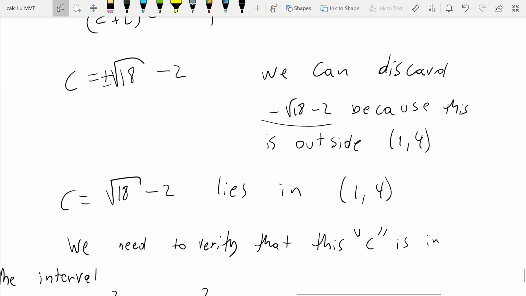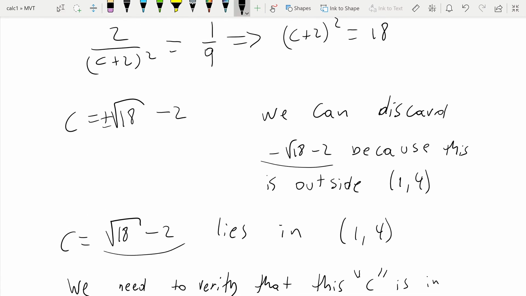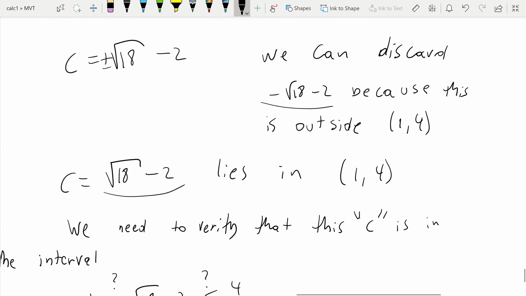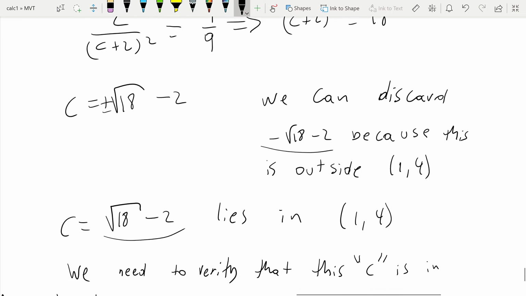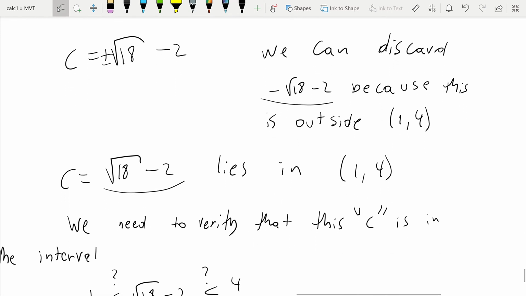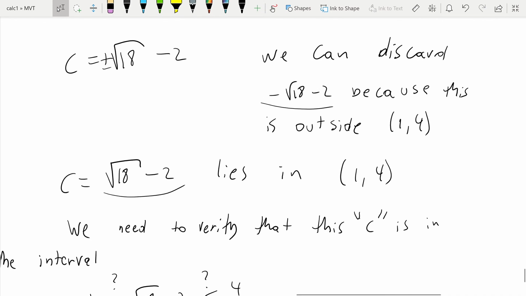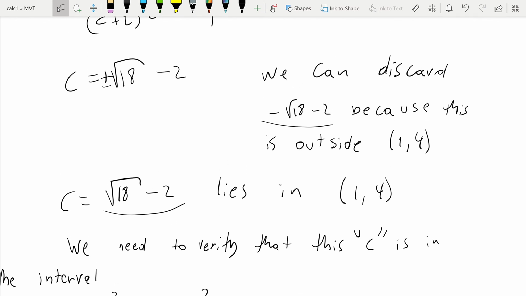Okay, as I said, during the exam, maybe you don't have time to check that this belongs to the interval. Don't stress out. I mean, that's just a minor point, because you know the theorem is true, right? And here you don't have any other candidate.